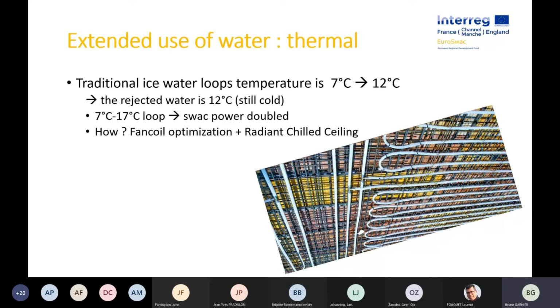That means that the SWAC power will be doubled without having to change the piping system. How can we do it? We can optimize the fine coils. That means that we increase the surface of these fine coils, and we can use things as a radiant chill sailing.